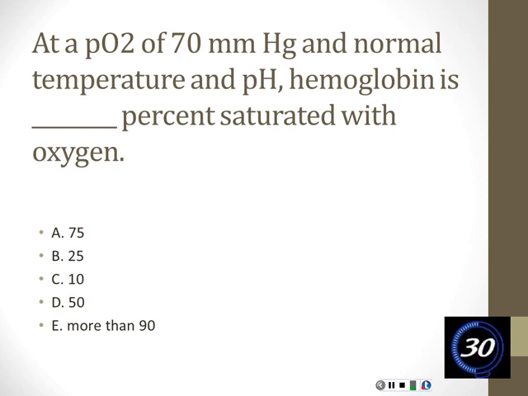You can remember that the shoulder or the slope of the curve is steepest at 40. So where would 70 be? Well, it would be about here. So of our choices, is it A 75, which would be here, B 25 here, C 10, D 50. So you're down to, it has to be E.